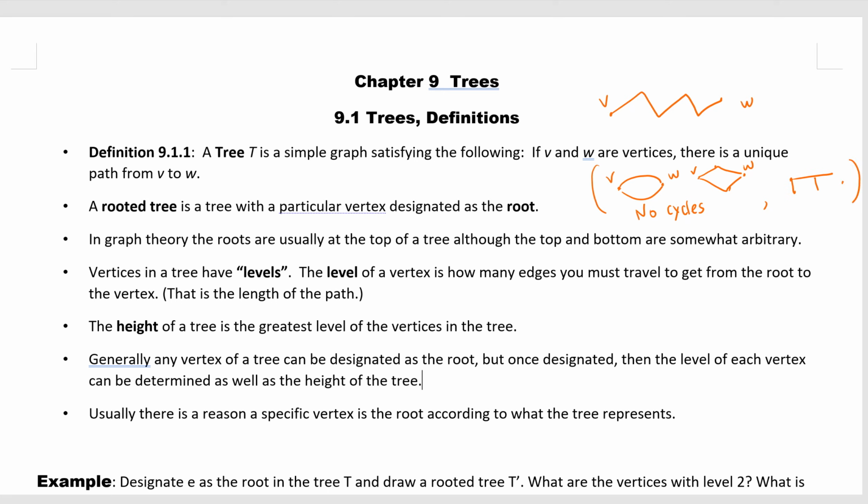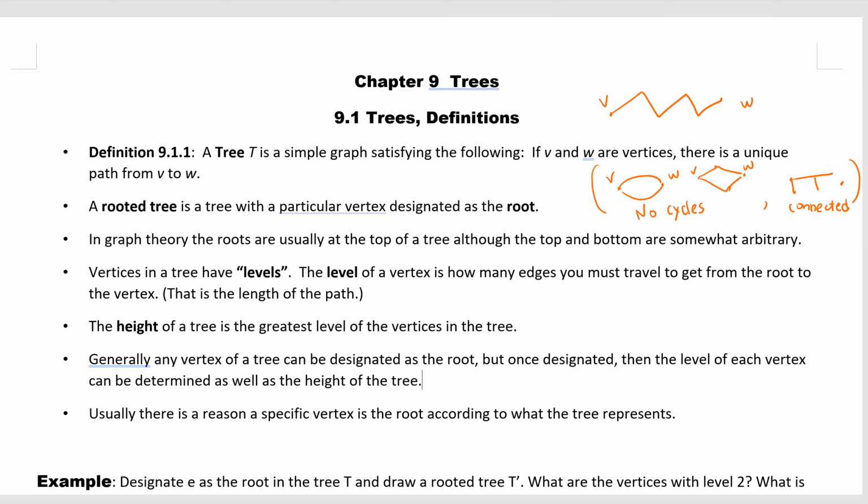We don't want, like in this case, this vertex to be isolated, so we cannot reach this vertex, right? So it has to be connected. By looking at this definition, we know a tree won't have cycles and it is connected.